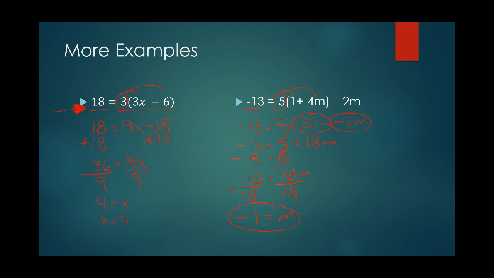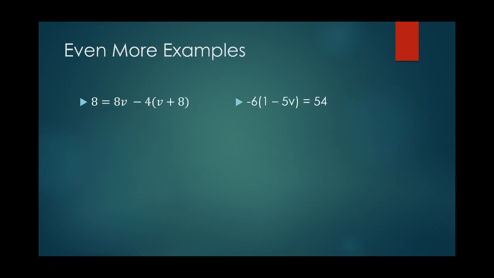Alright, not too terrible. Let's look at a few more. So the 8 stays. Now for this one, I have a set of parentheses, but I can't do this first, so I have to do the distribution. Remember, we do multiplication before addition and subtraction in the order of operations. So the 8v just stays put. Negative 4 times v is negative 4v.